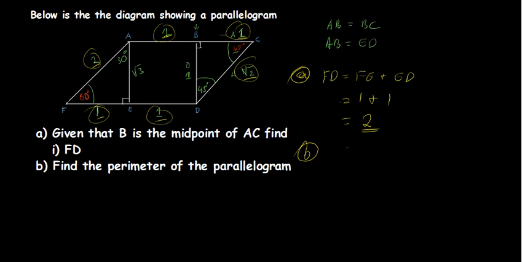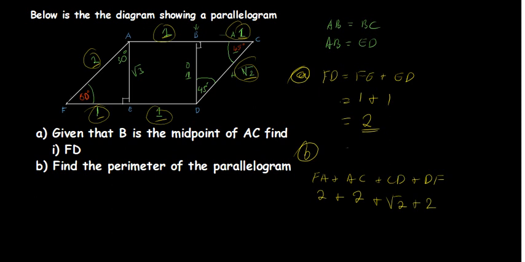We can say FA plus AC plus CD plus DF. Our FA is 2, plus our AC is also 2, plus our CD is root of 2, plus our DF is 2.